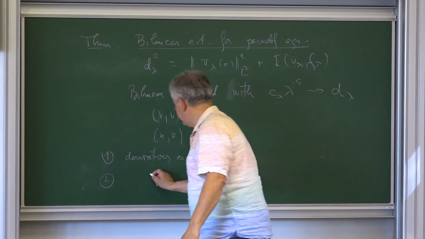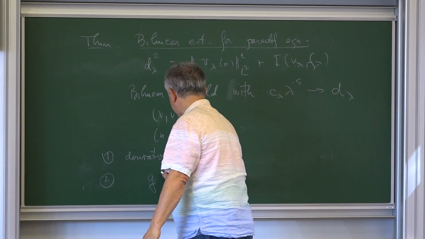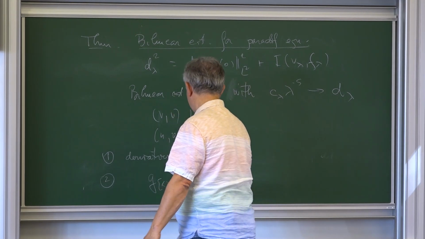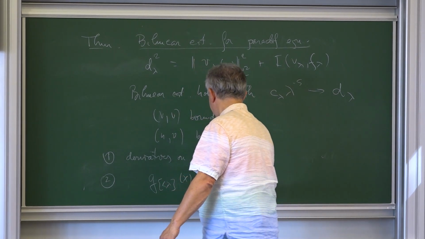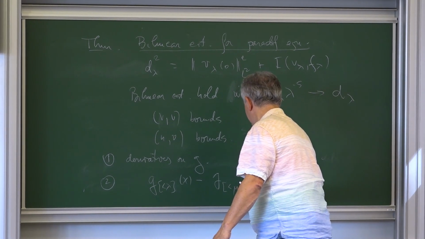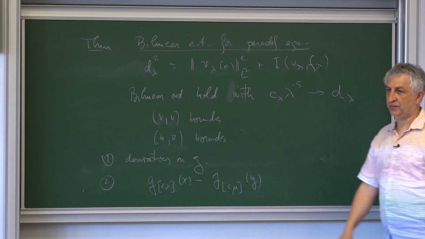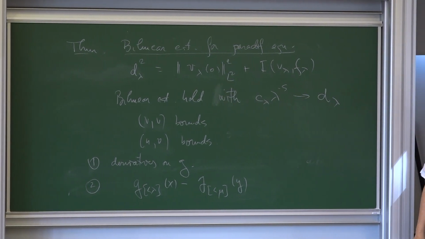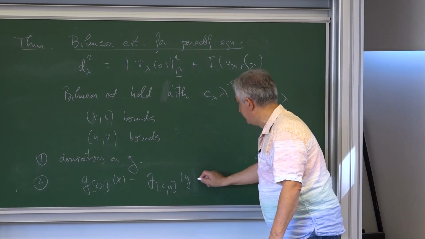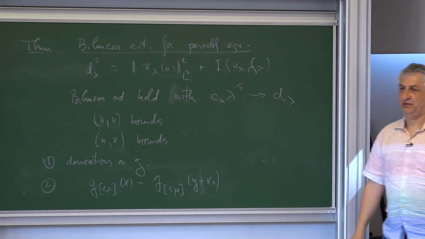So you could have expressions that look like G less than lambda of X minus G less than mu of Y. And it's not just Y by itself, plus your translation factor.